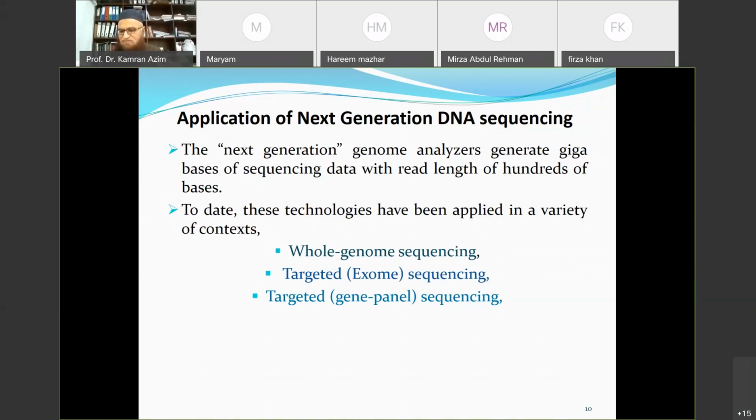This is called gene panel sequencing. It is also a targeted sequencing in which we are involved in only a specific region of DNA sequencing.